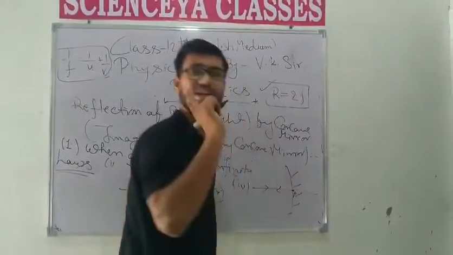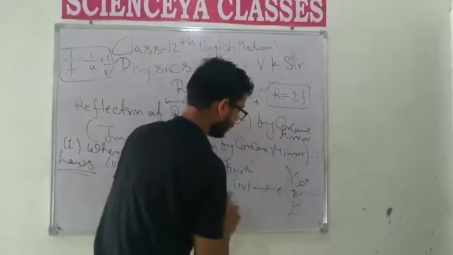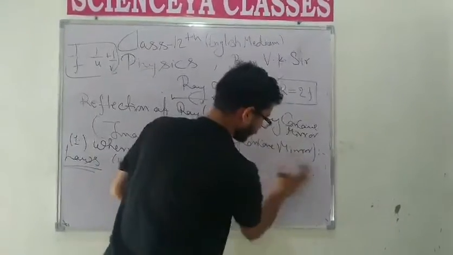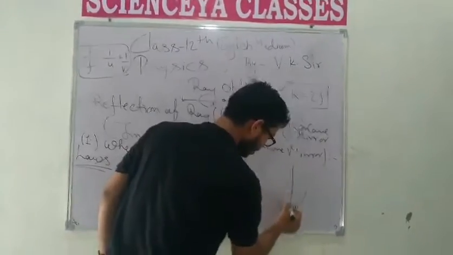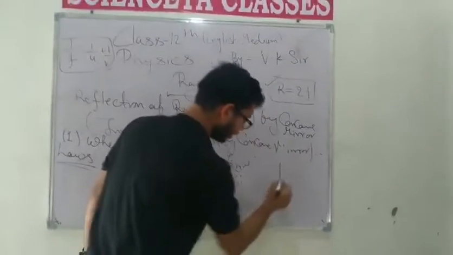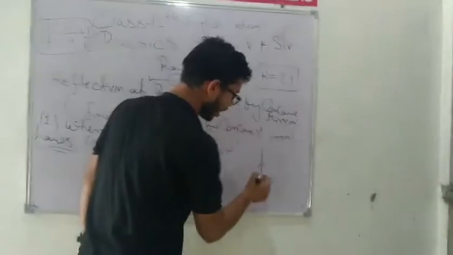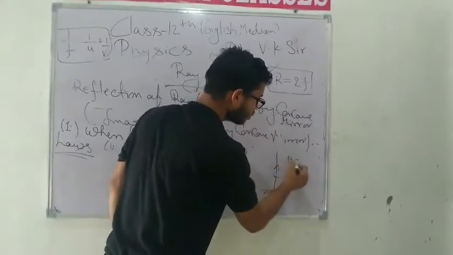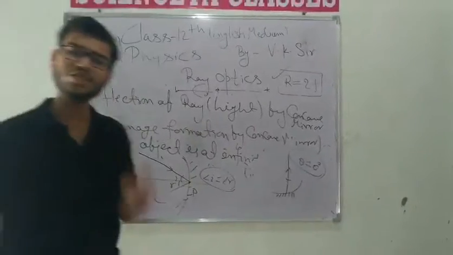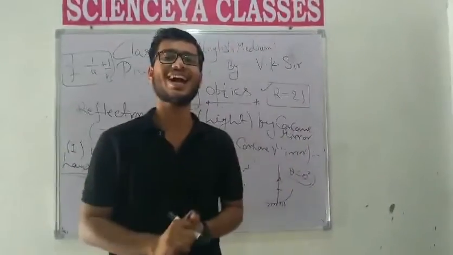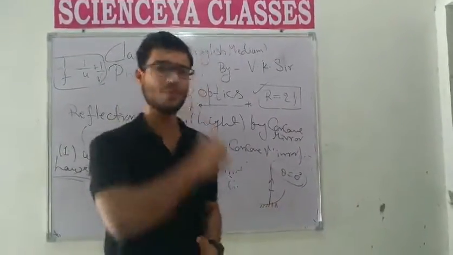It is 0 degree angle. Suppose here again this phenomenon. This is a concave mirror and this ray is the incident ray and this is the reflected ray. So the angle formed is 0 degree. Okay student. These four laws you must understand before we start image formation by concave mirror.